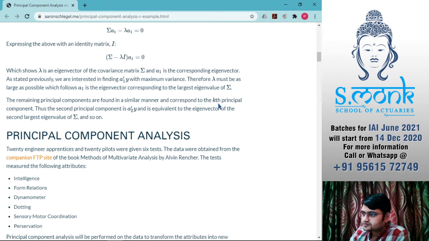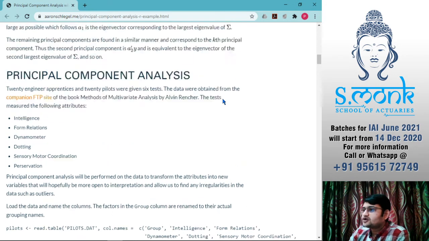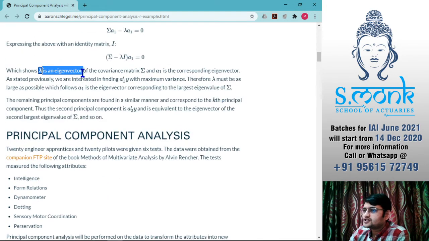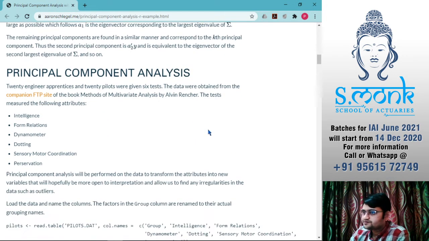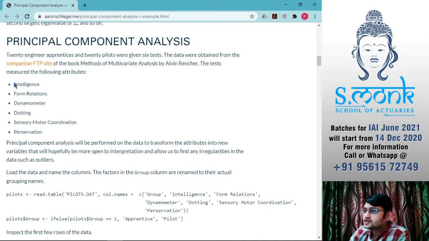Now let's talk about principal component analysis. Principal component analysis is going to tell you whether there is a possible value of this eigenvalue or not. Here they are saying 20 engineer, whatever, does not matter. So these are the things that you are looking for in principal component analysis.